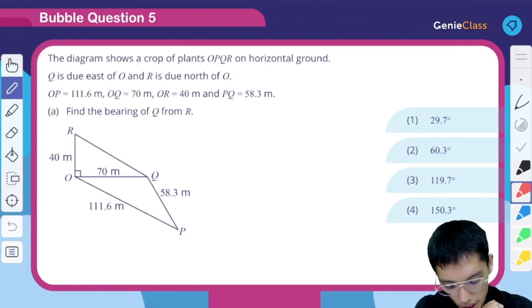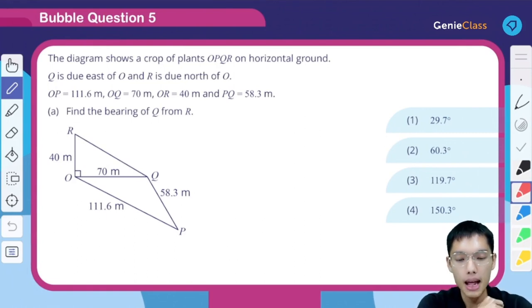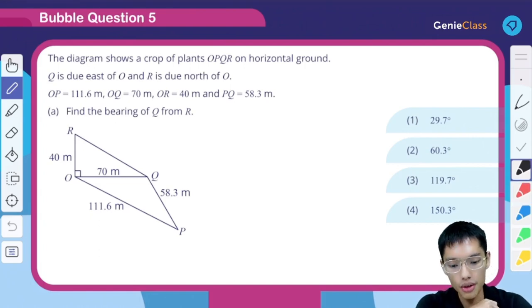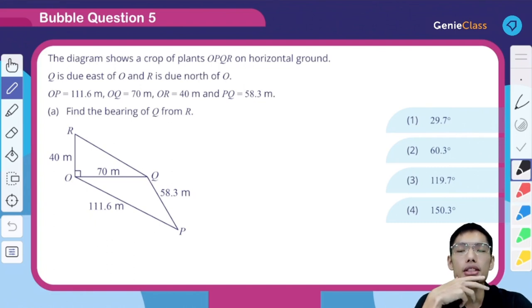Alright, that's good. Okay, so Q from R. Where am I measuring it from? Where is the bearing reference from? Very important. Okay, so where is the bearing of from where? I forgot to mention this, but very, very important.